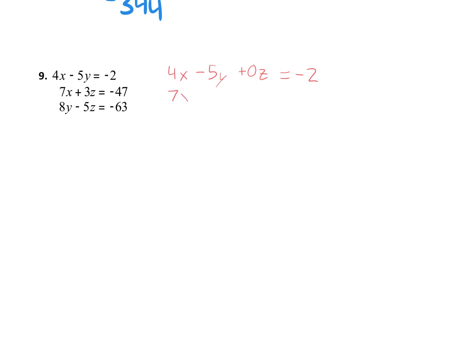For the next equation, 3x plus 0y plus 3z equals negative 47. 0x plus 8y minus 5z equals negative 63.